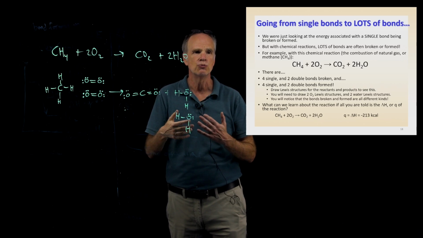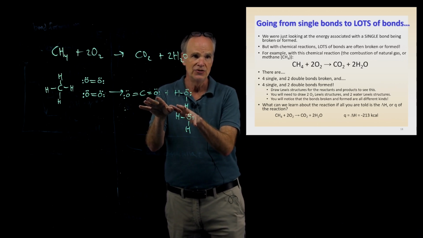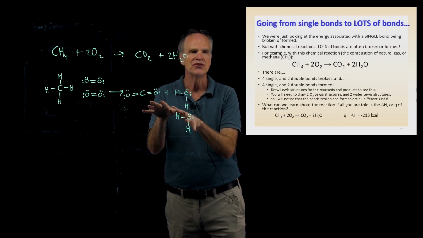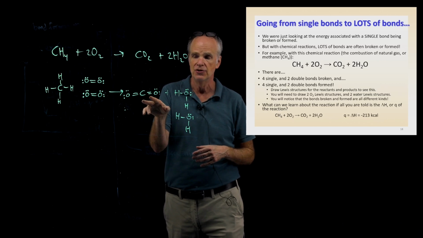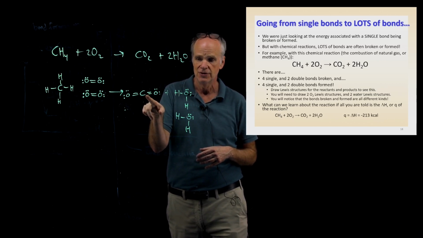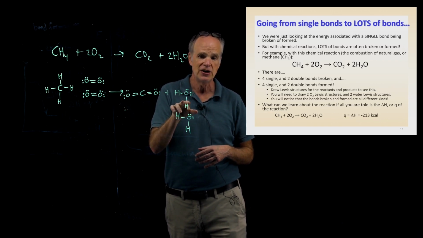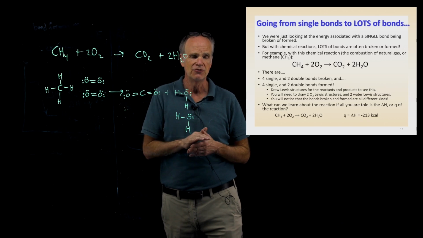The free atoms recombine themselves, and then once they do that, they form new bonds. And so these bonds are new because here, the new bonds are 2 double bonds between carbon and oxygen, which you didn't see before. And we also have new single bonds between hydrogen and oxygen that you didn't see before.